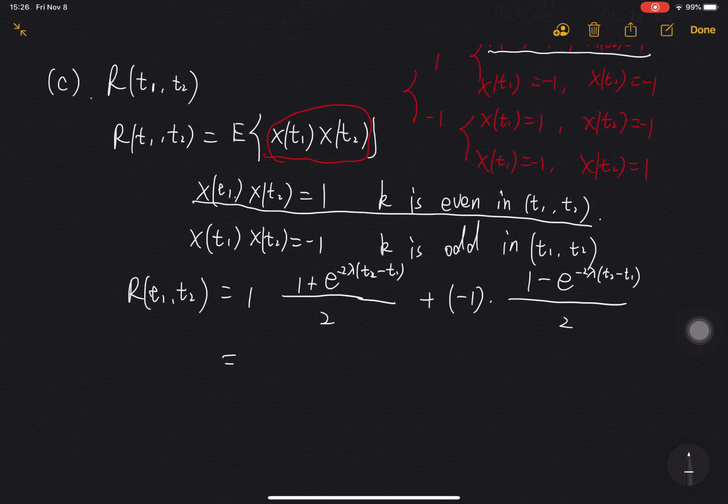The result should be e to the minus 2 lambda (T2 minus T1), right?